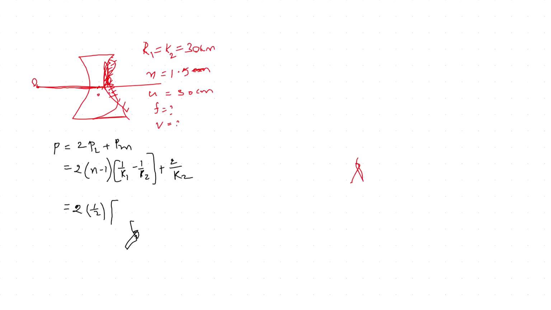R1, R2 are equal in magnitude, but it is not 0 because R1 is negative and R2 is positive according to sign conventions.